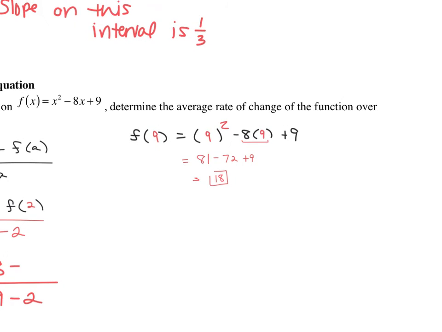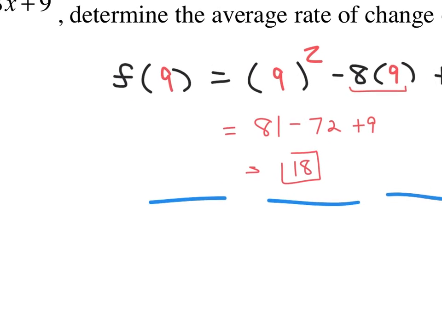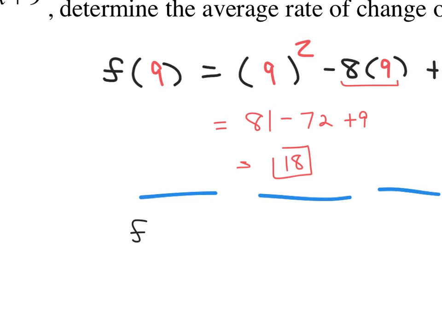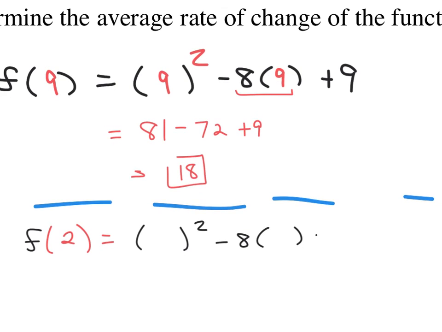Now let's find f(2). We're going to do the exact same thing. We're going to make those substitutions just like we did before, but this time we're going to plug in a 2 everywhere we see an x.